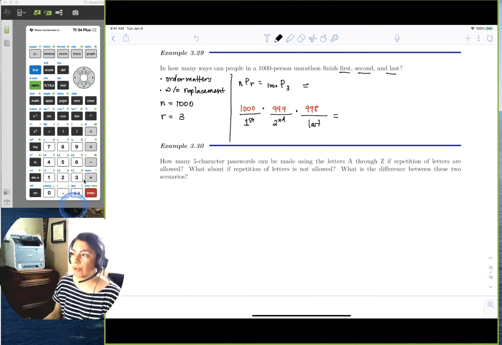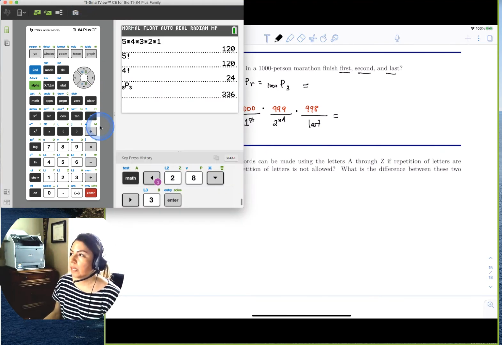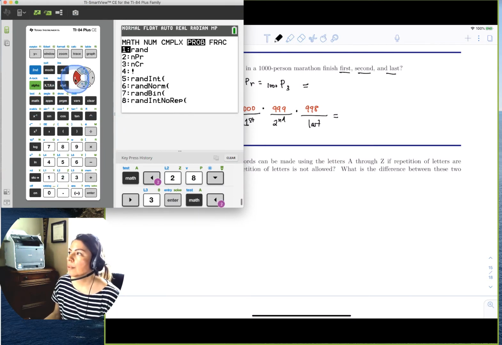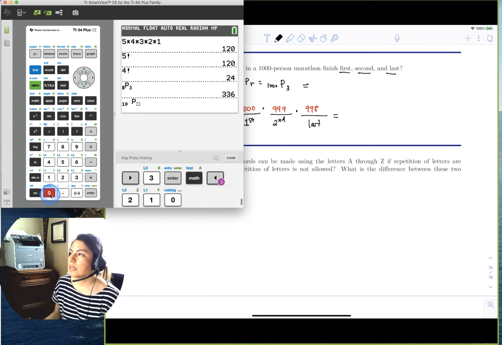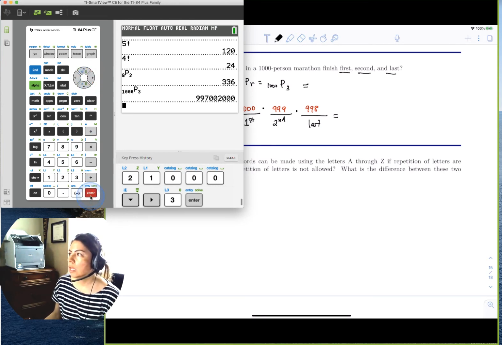So let's do both in the calculator. So here I'm going to have math, probability, and number 2, and put 1,000 in for choices, and I'm going to pick 3. Next, let me go ahead and put the product of 1,000 times 999 times 998.